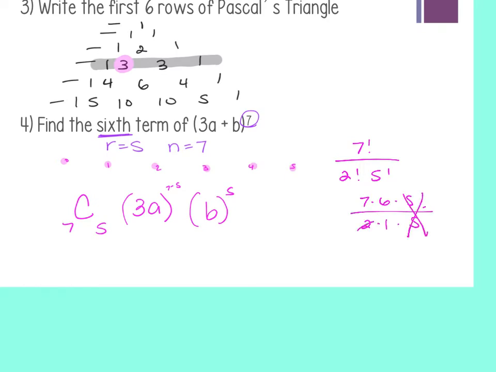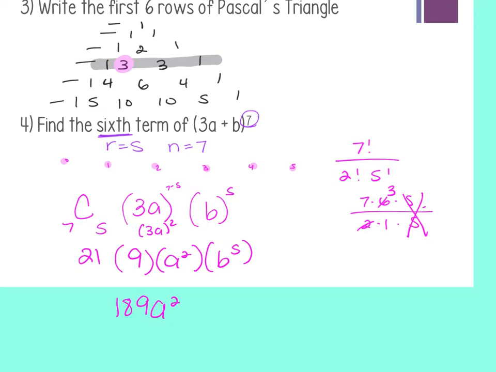These cancel. 2 goes into 6 3 times, so 21 is my C(7, 5). And in a moment, I'll show you how to do that on the calculator. And then this would be 3a to the second. So 3 to the second would be 9. And then a squared, and then b to the fifth. And then 21 times 9 would be 189, a squared, b to the fifth.